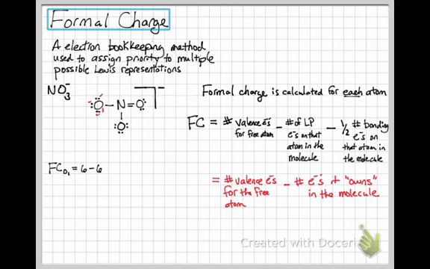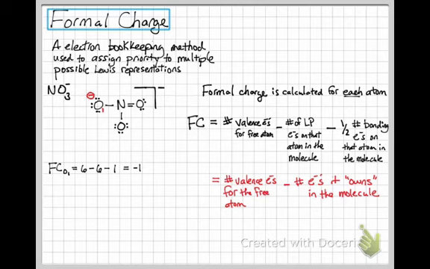So that's a total of 6 electrons for lone pairs, so 6 minus 6. And then finally, for the bond, we get 1 electron, because 1/2 times 2 electrons in the bond is 1. So 6 minus 1 is... 5 minus... the formal charge on this oxygen is -1.